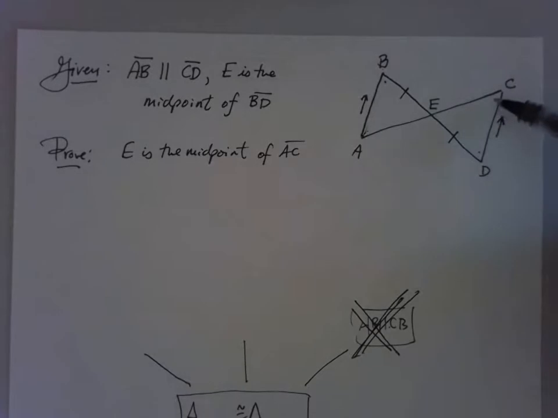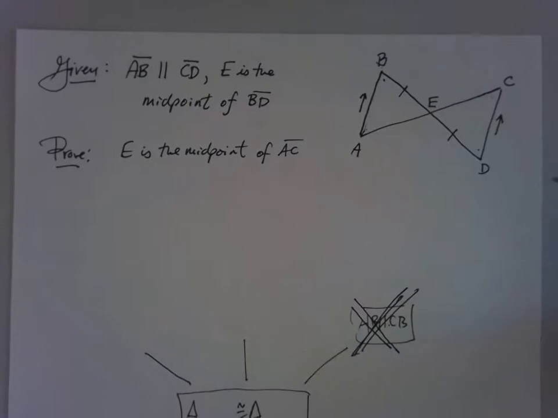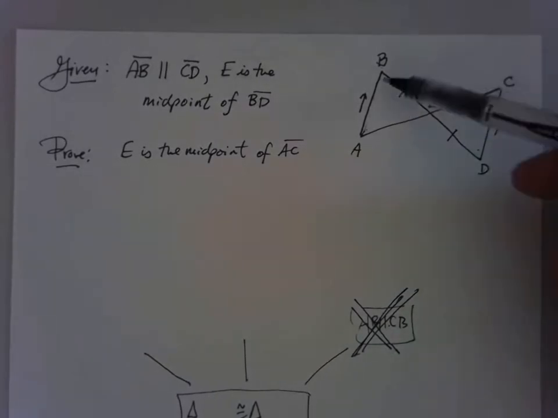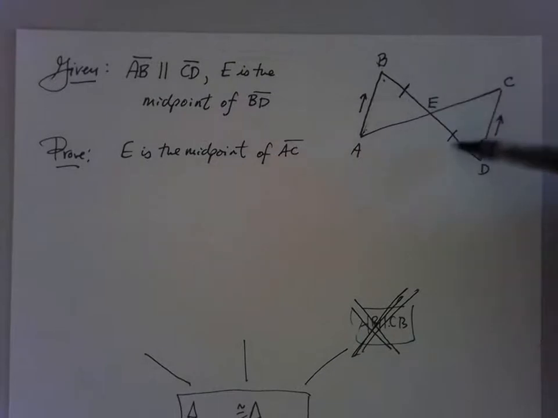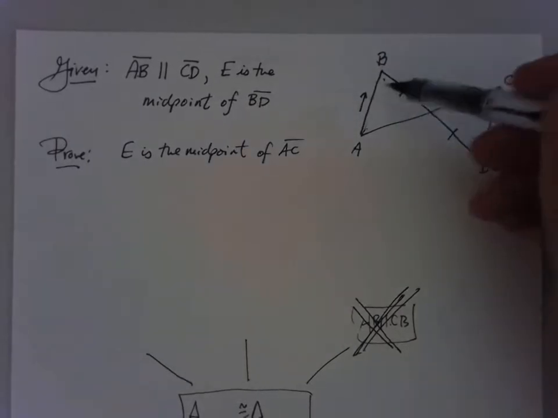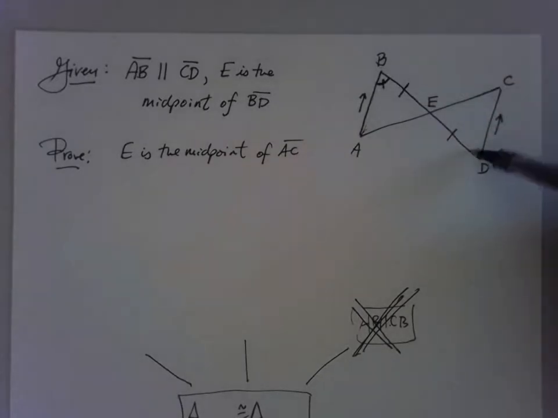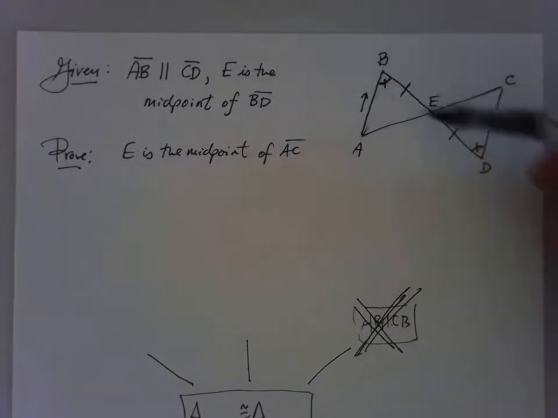But these angles, although they are congruent because of the alternate interior angles pattern, they're not going to be very helpful in doing triangle congruence, because I need to have information by this pair of congruent sides. If I'm going to do an SAS or an ASA pattern, the angles have to be next to the side. So I'm going to use this pair. I'm going to say these angles are congruent.